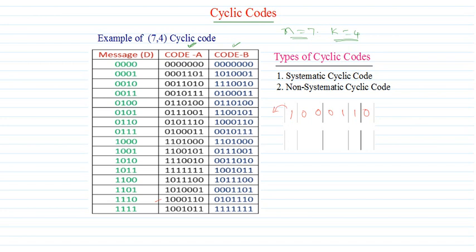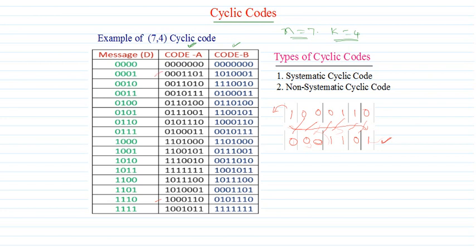When I do that, this first bit, 1, will be shifted to the end, and the remaining bits will shift to the left. Now let us check whether this code vector, 0011011, exists in this block code.